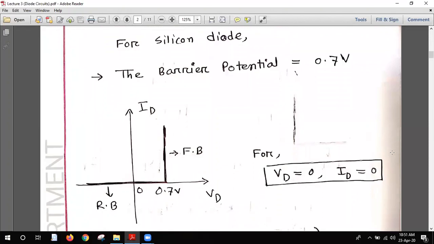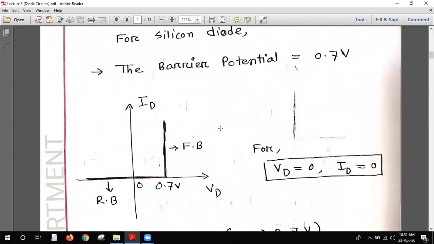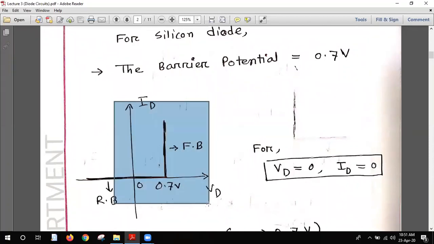You can also see the change in the graph. Now it is not working at 0 volt. Now when we apply voltage, it will not work until 0.7 volt.